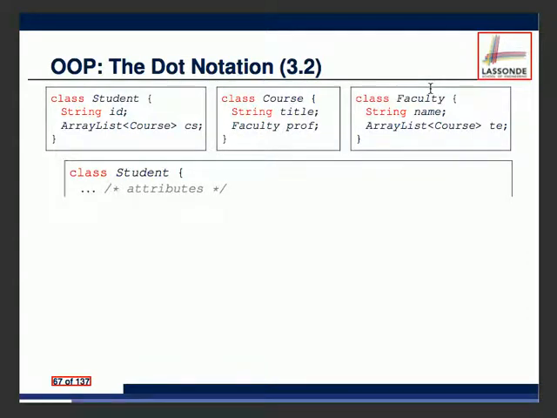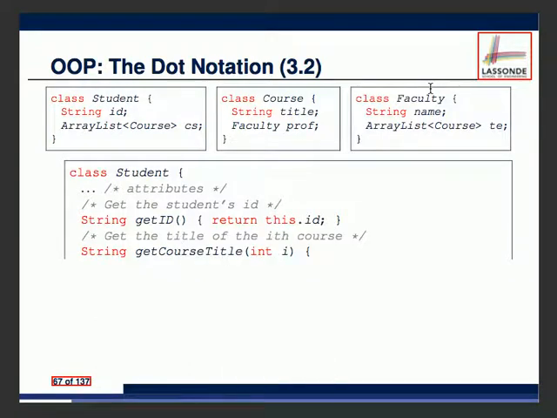Now let's say this method here, this is very easy. I want to return the ID of the current student. The current context is student. So what should I do? Return what? Just ID, right? This one's easy, just as a warm-up. Let's say this method here takes an integer i.